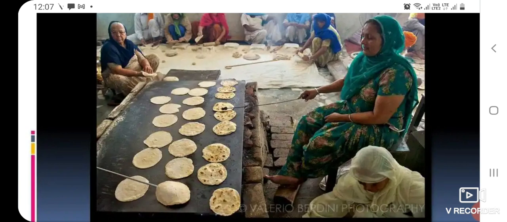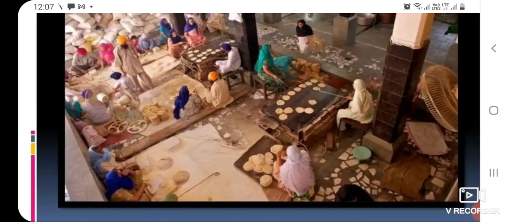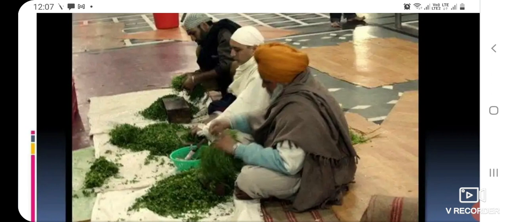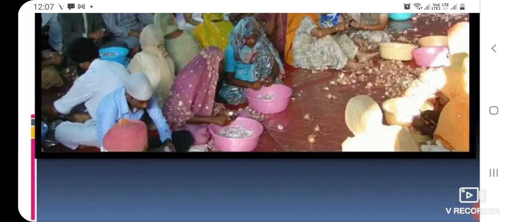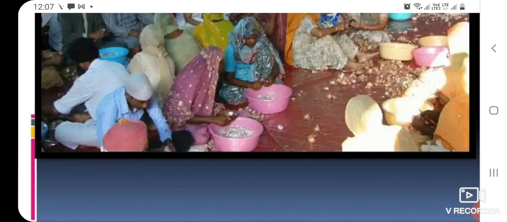Some people are cooking. Such a big, huge kitchen. Chopping of the vegetables. Onions are being, the peels are taken out and it is being cleaned. This is garlic.